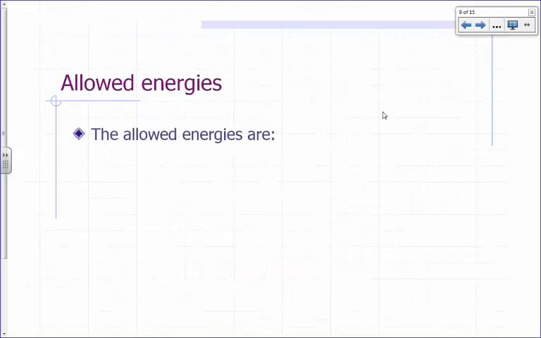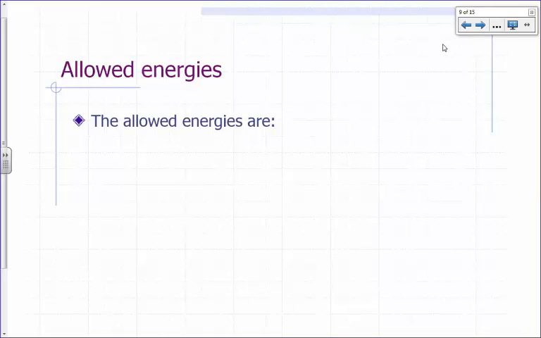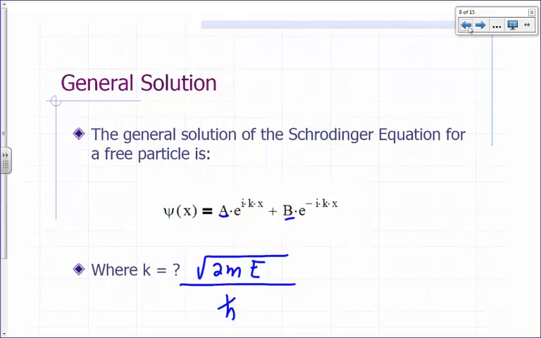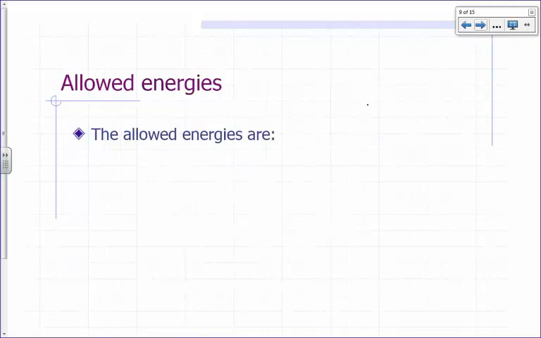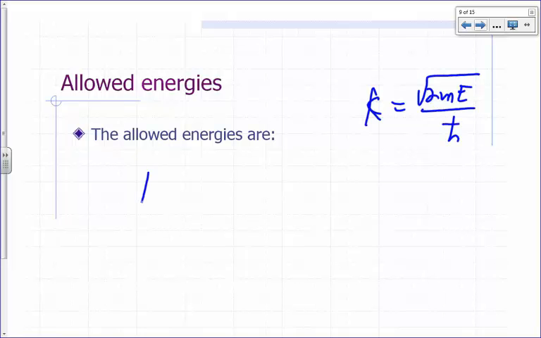Alright. What are the allowed energies? How is the energy related to k? How do I solve for k? Energy. So k is square root of 2mE over h bar. So if I want to solve for energy, what do I have? k and h bar, and then you square it, right?